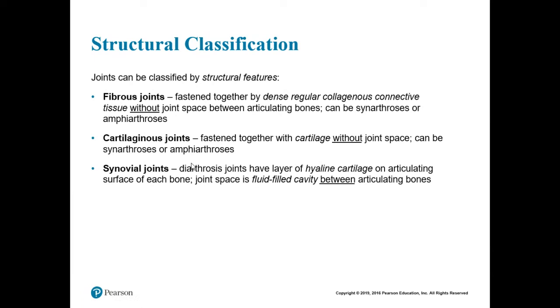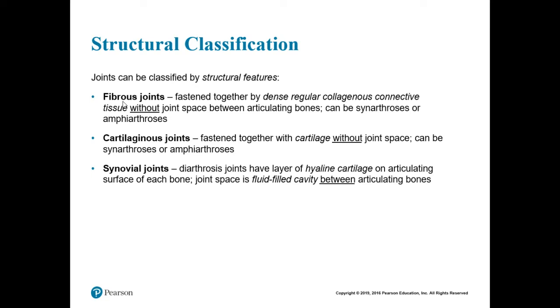Okay, so three classifications in terms of structure: fibrous joints, cartilaginous joints, and synovial joints. The name kind of gives it to you, right? The structure of a fibrous joint is going to be made of, evidently, fibers.